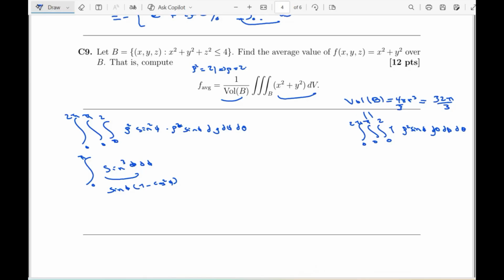So if you use this decomposition, you will see that you will be integrating sine, which is easy to integrate, and then you will be integrating sine cosine squared. But for that, you can use a u sub like u equals cosine, and you can evaluate this thing. So this thing is going to be simply 4 over 3.